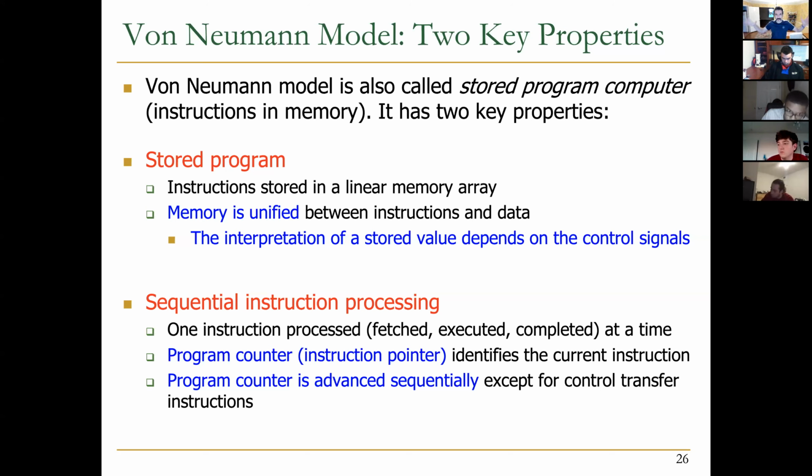And the whole unit, the way these units are orchestrated together, essentially provides, implements, or characterizes these two properties in order to execute a program.